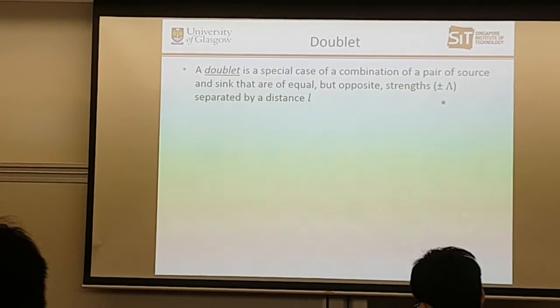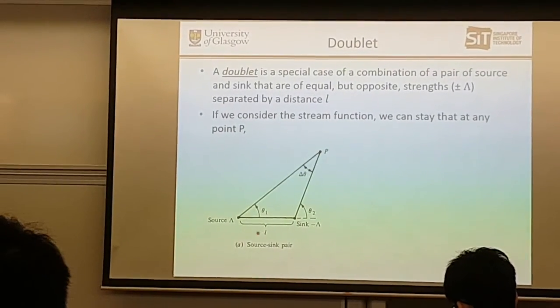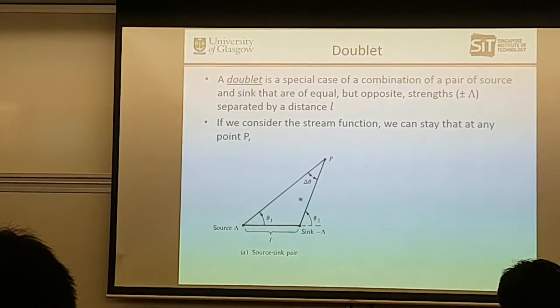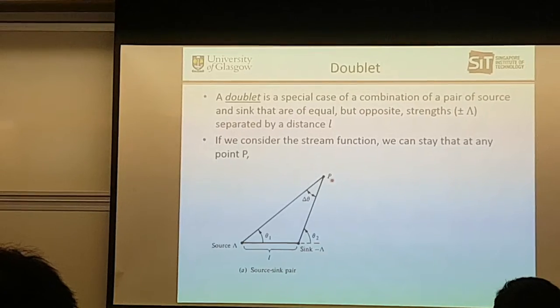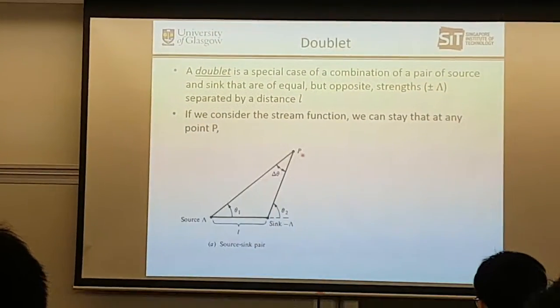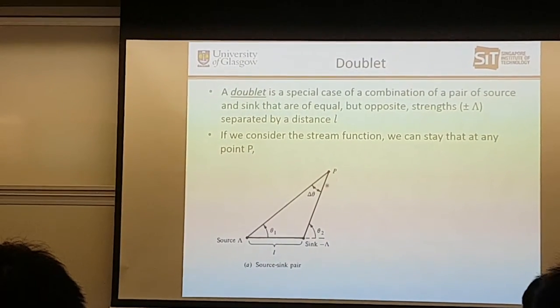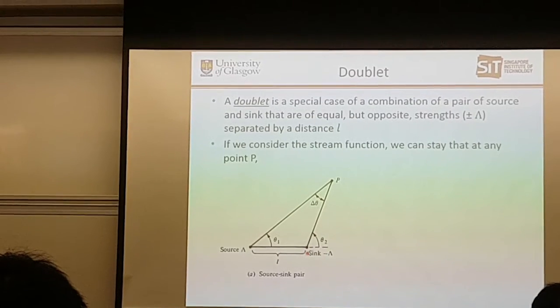Let's say I have a source and a sink separated by a certain length L here. I want to find the stream function at a point P. How do I do that? Remember the superposition: this point P is affected by both the source and the sink.